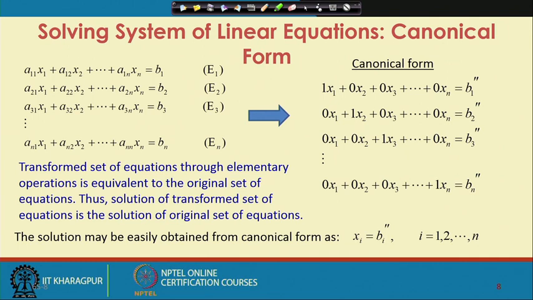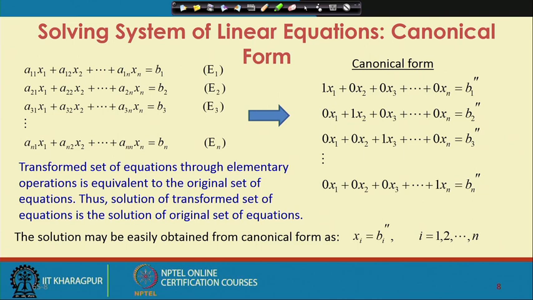From the first row, you obtain the solution as x 1 equal to b 1 double prime. From the second row, you obtain x 2 equal to b 2 double prime. From the third row, you obtain x 3 equal to b 3 double prime. Similarly, from the nth row, you obtain the solution as x n equal to b n double prime.